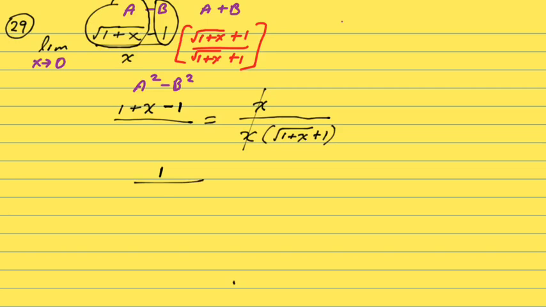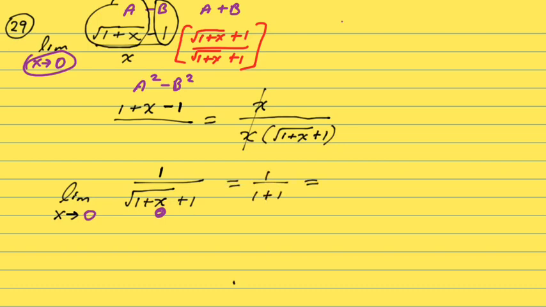Now I have something that I can put the 0 in for x. So now we're doing the limit as x approaches 0. If I put a 0 into there, I get 1 over 1 plus 1, or 1/2 for this result.